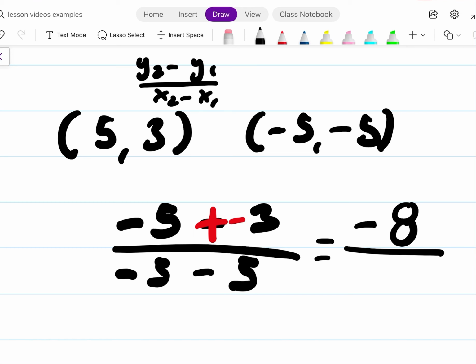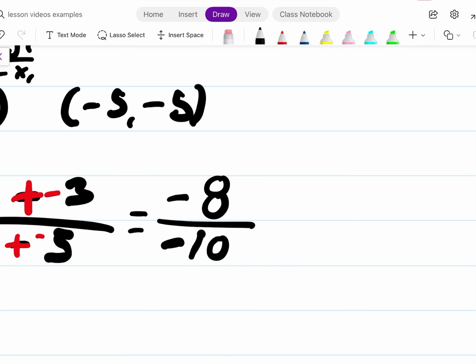Negative 5 minus 5, if we add the opposite, both of those are negative, so it's going to stay negative. Negative 5 plus negative 5 is a negative 10. And now we have a slope of negative 8 over negative 10. We just learned that if they're both negative, they will cancel each other out.